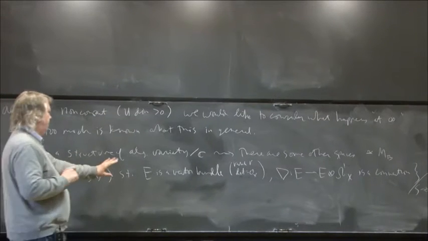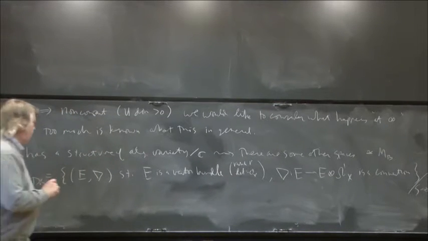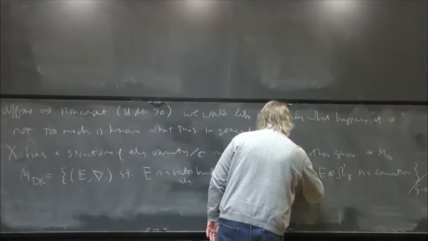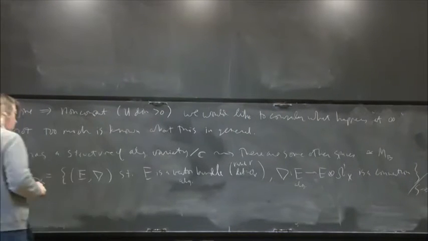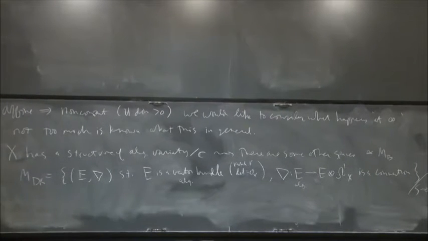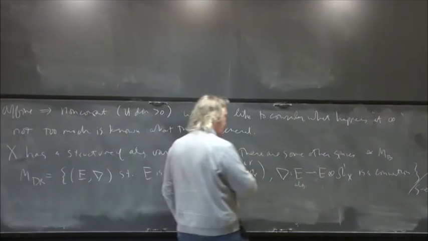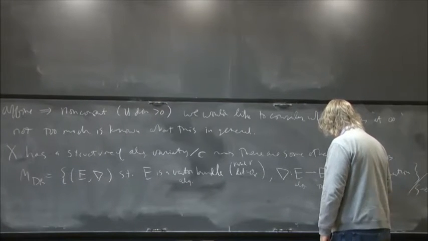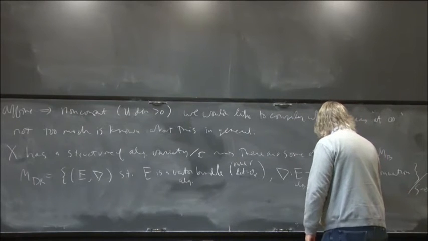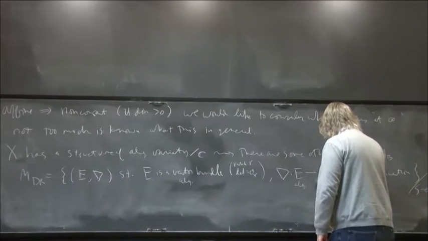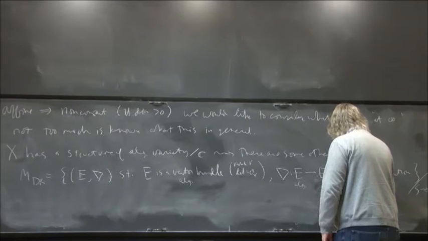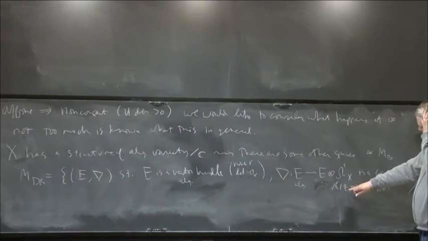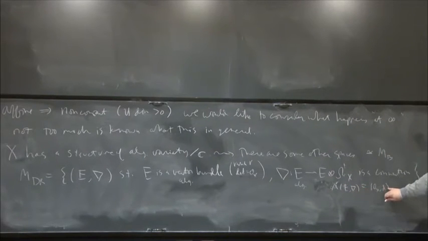This is an algebraic moduli space for X, and the connection operator is also algebraic. Maybe trace equals 0, which really means the connection induced on the top exterior power should be the trivial connection.